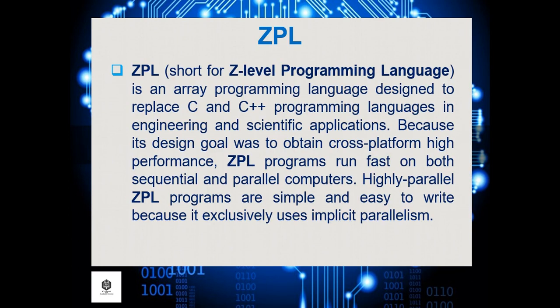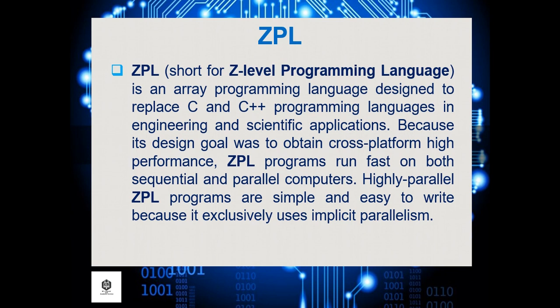ZPL. ZPL, short for Z-level Programming Language, is an array programming language designed to replace C and C++ programming languages in engineering and scientific applications. Because its design goal was to obtain cross-platform high performance, ZPL programs ran fast on both sequential and parallel computers.